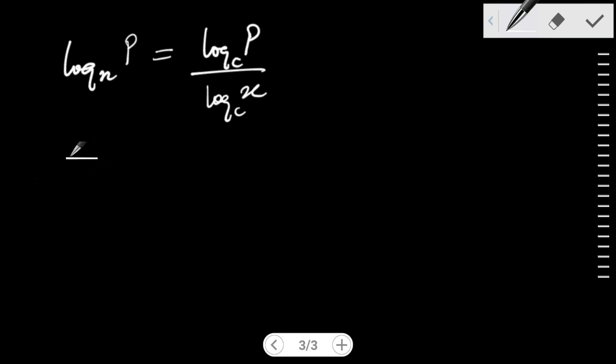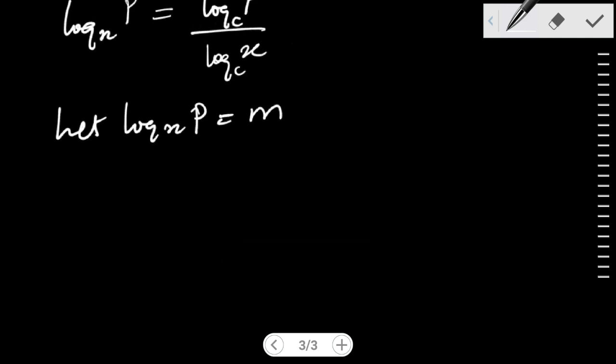For this, we are going to say let log_x p be equal to m. You can choose any letter, but I'm using common letters. So you find that x to the power m would be equal to p in this case.